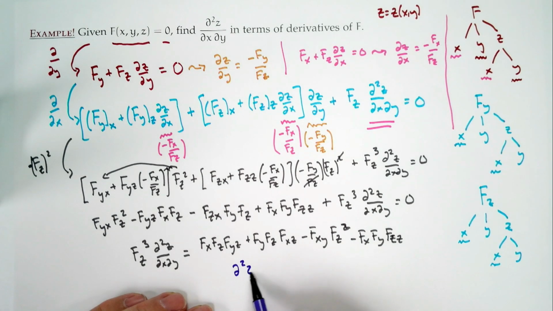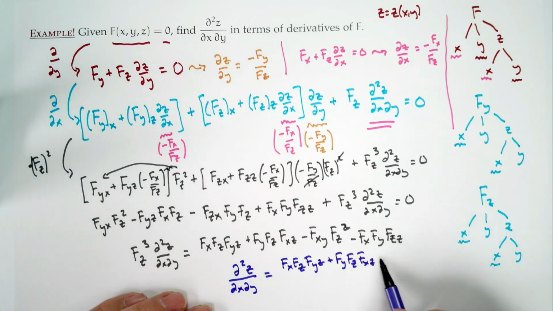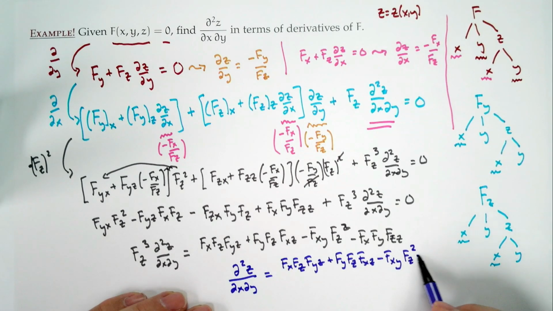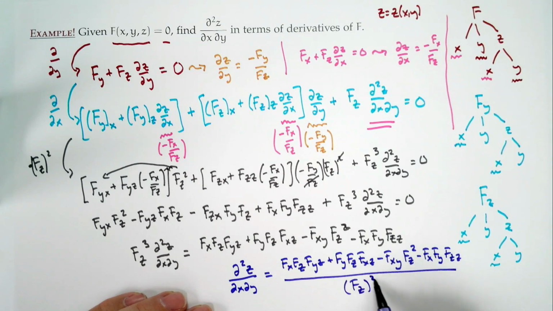So, we get partial squared z, partial x, partial y is equal to f sub x, f sub z, f y z plus f sub y, f sub z, f x z minus f x y, f z squared minus f x, f y, f z z all over f z cubed. And that's it.